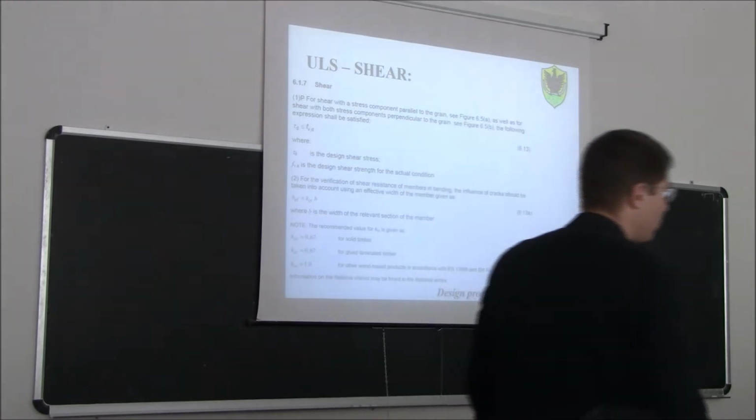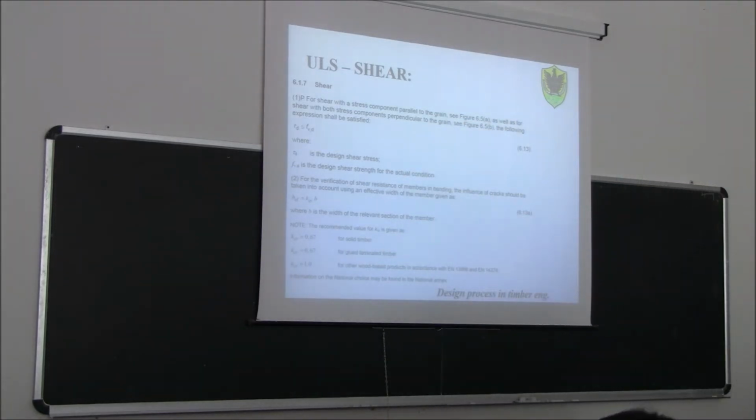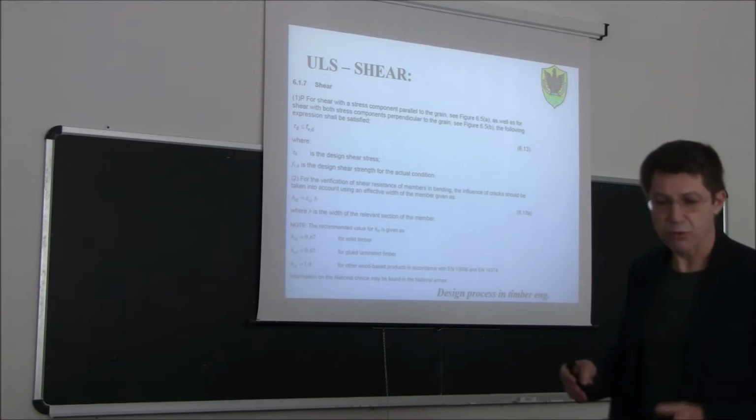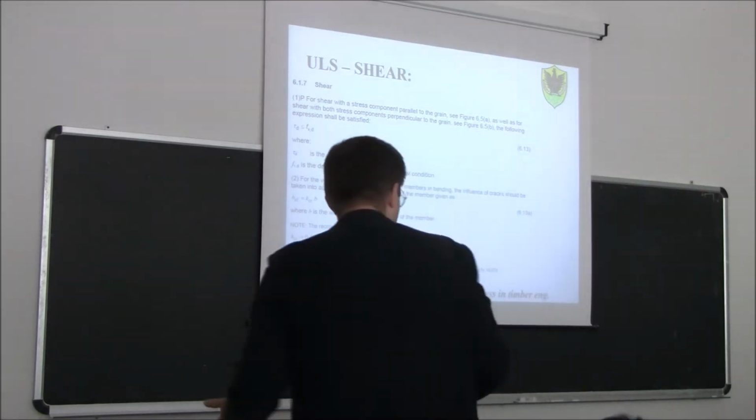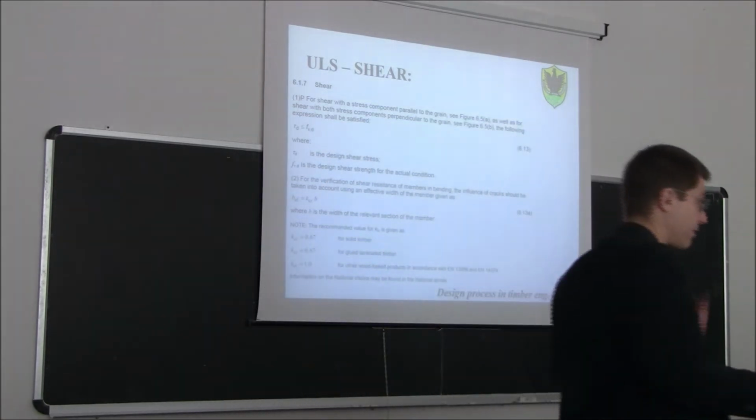The only thing we need to pay a bit of attention to is that often, as we said when we were talking about wood and moisture, our timber member is not completely integral. So during the drying process, some cracks may form, and those cracks may reduce the shear strength.